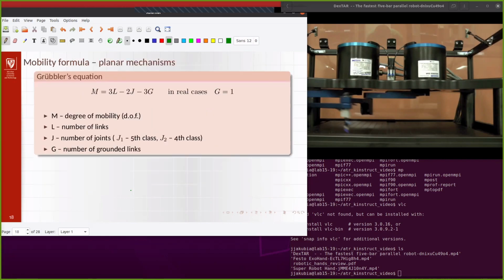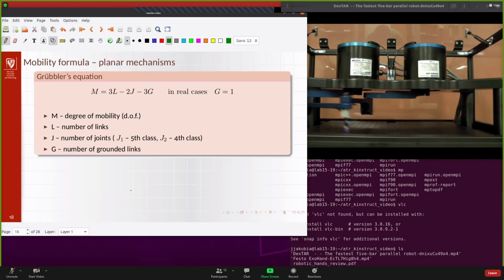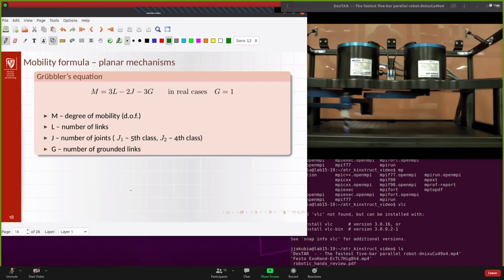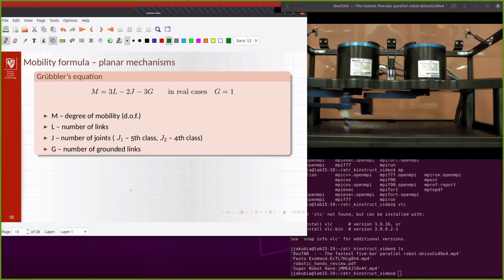And for that, we have the so-called mobility formula. We will show the formulas here, but after that there will be an important disclaimer. So please do not forget about the disclaimer later.